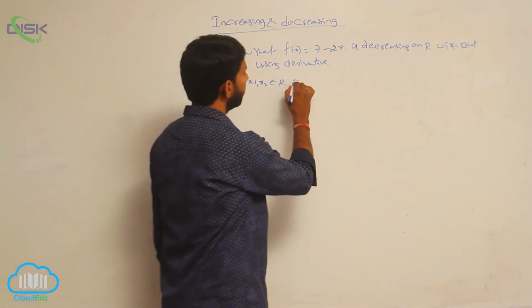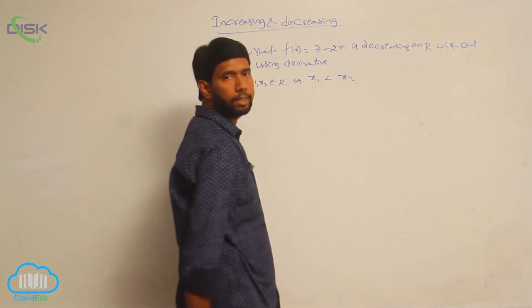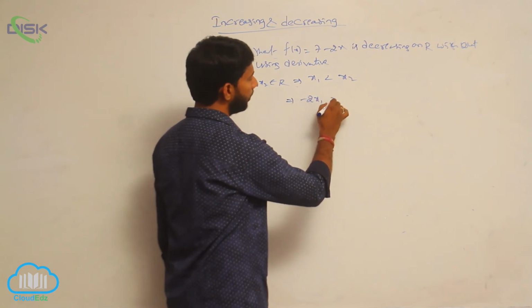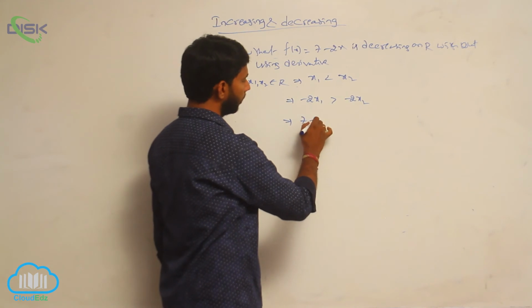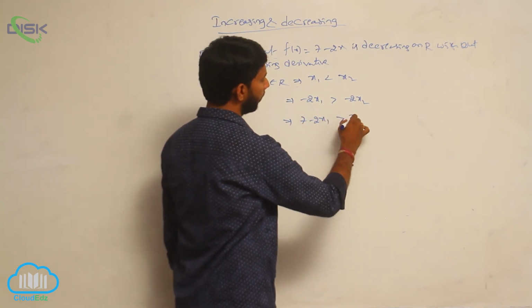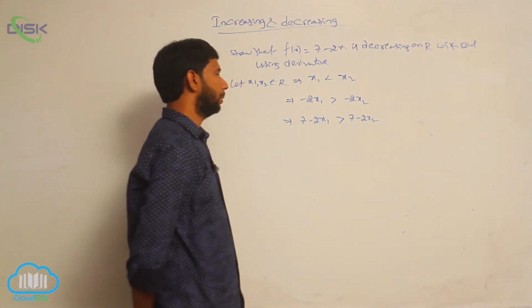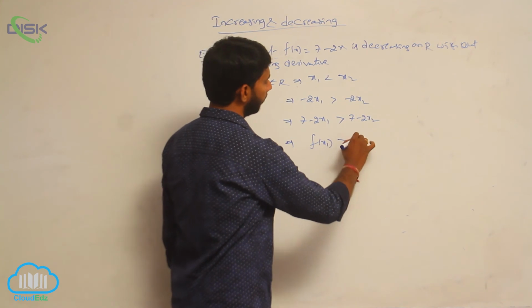R. Consider x1 is less than x2. Multiplying minus 2 on both sides, that is minus 2x1 is greater than minus 2x2. Adding 7 on both sides, that is 7 minus 2x1 is greater than 7 minus 2x2, that implies f of x1 is greater than f of x2.